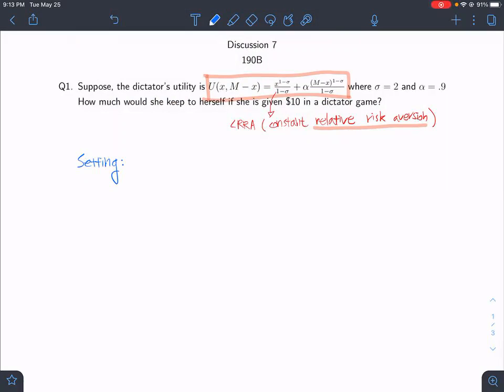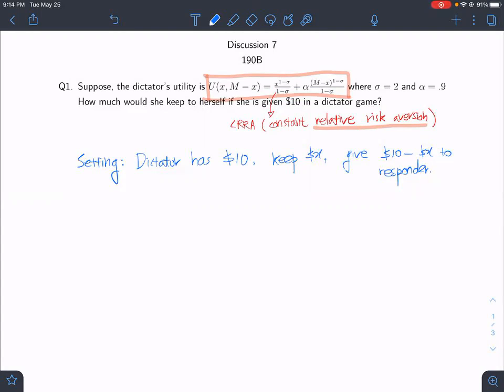The dictator has $10, and he's keeping x amount of dollars and giving 10 minus x amount of dollars to the responder. Basically this is what is going on.